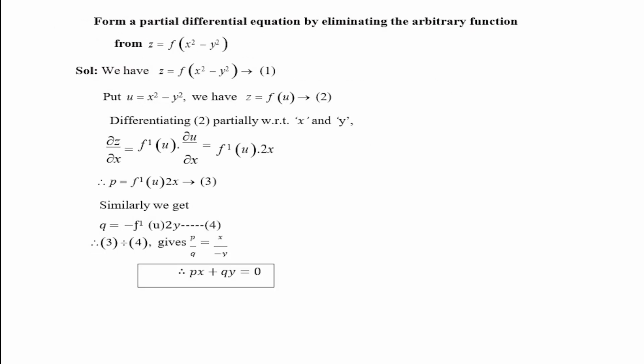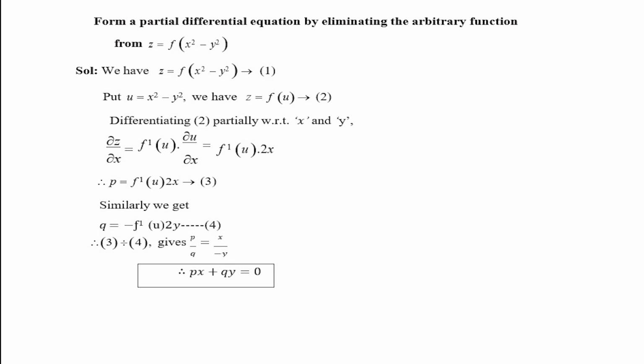Next we see another problem for partial differential equation by eliminating the arbitrary function from z equal to f of x square minus y square. Here you have to consider equation number 1 is z equal to f of x square minus y square. Here you take u equal to x square minus y square. Substitute that u value in equation number 1, z equal to f of u.